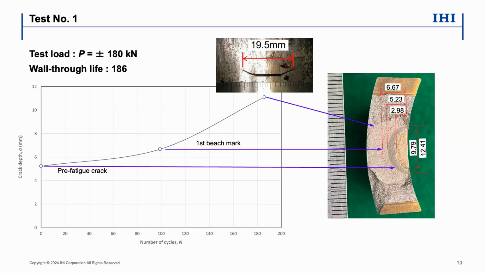In this figure, the horizontal axis is the number of cycles, and the vertical axis is the crack depth. The pre-fatigue crack was about 5 millimeters, and we introduced the first benchmark at 100 cycles. We planned the second one at 200 cycles, but the crack penetrated the wall at 168.